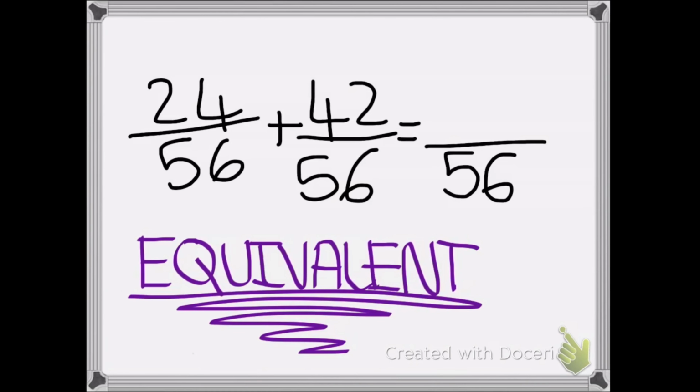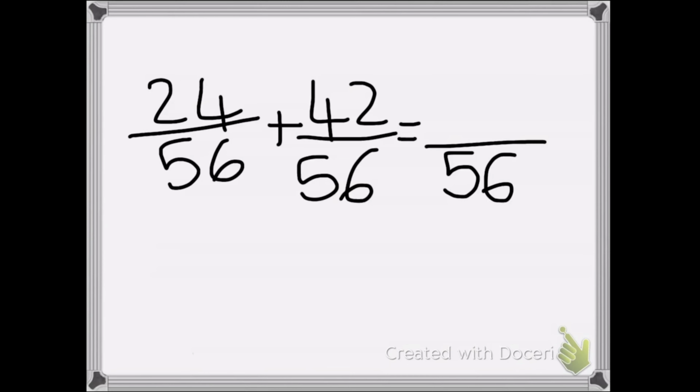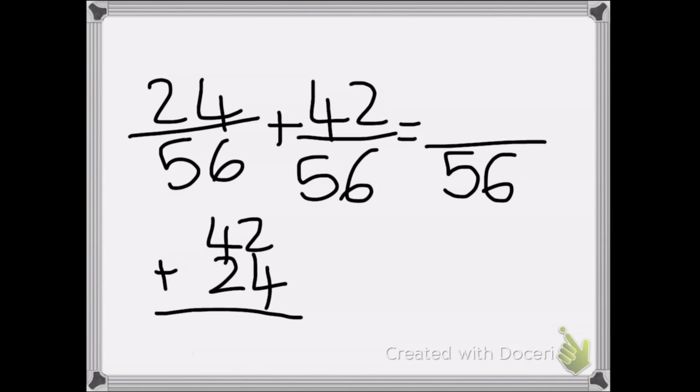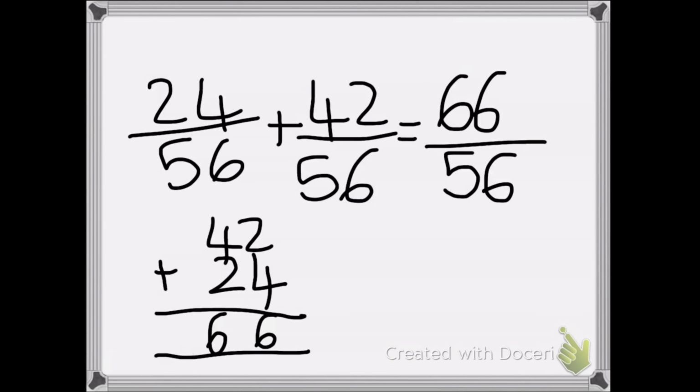Now that we've converted the fractions into equivalent fractions with the same denominator, 56, we can now add 42 and 24 to get the final answer. Let's make space so we can add 42 plus 24. We'll do it like we add any other number. 4 plus 2 is 6. 4 plus 2 is 6 again. So the answer is 66 by 56.